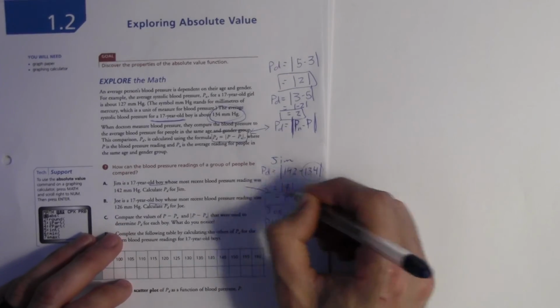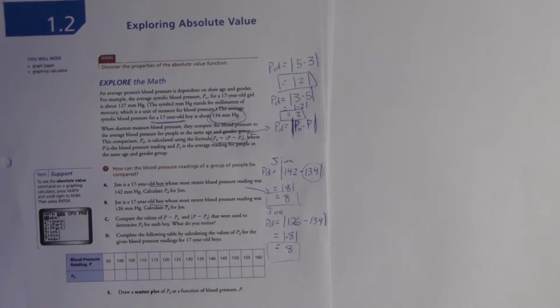So see how we're getting the same value. The doctor's concerned about their difference from the norm. So even though Joe is low and Jim is high, they still have a PD of 8.